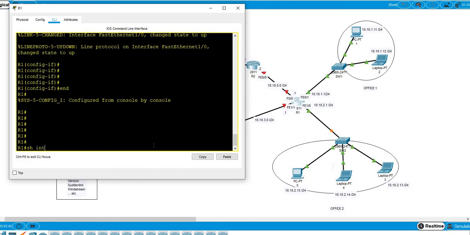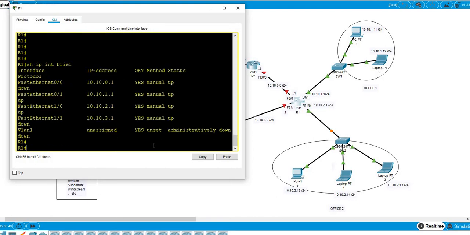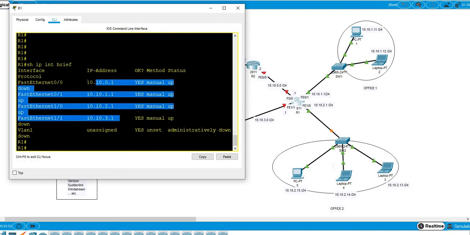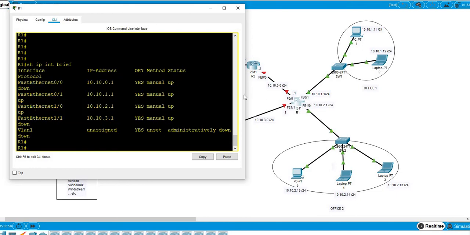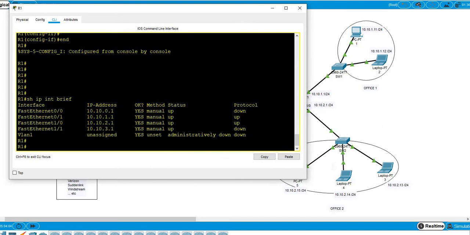Show ip interface brief. Okay, we have configured these four IP addresses successfully, and as you can see, the links are up and running. The reason this is down and that is down is because we haven't configured router 5 and router 2.